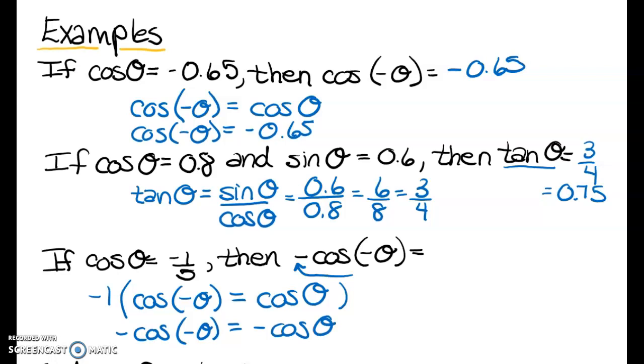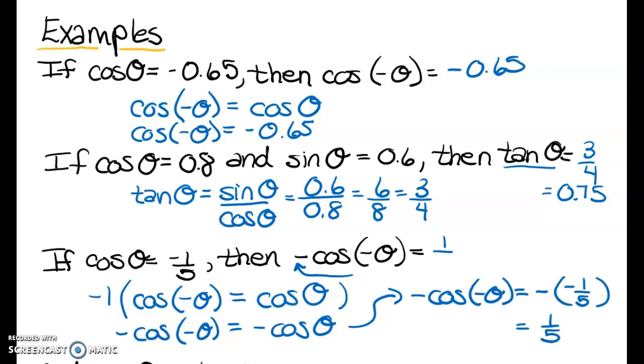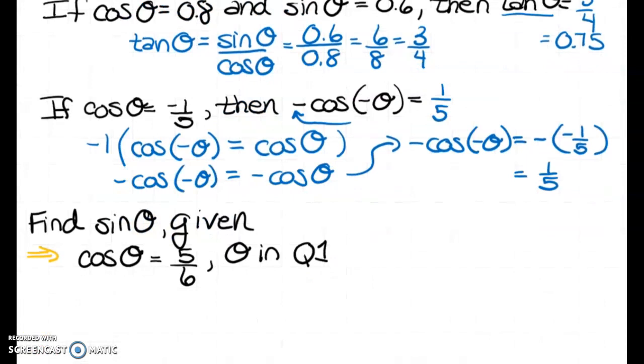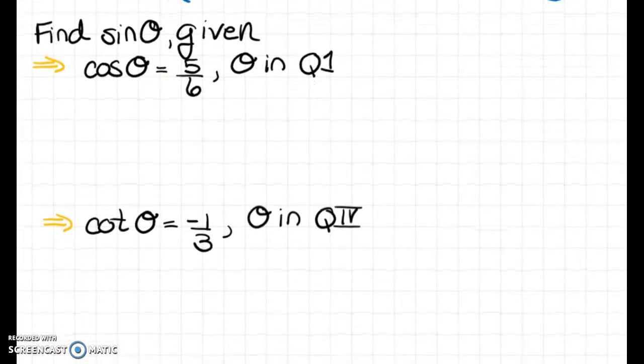So now all I have to do is plug in my value for cosine of theta to find out what the negative cosine of negative theta is. Remember, we use parentheses when we substitute. So this is going to be a positive 1/5. All right, so we can manipulate our identities to make them work with the given information.